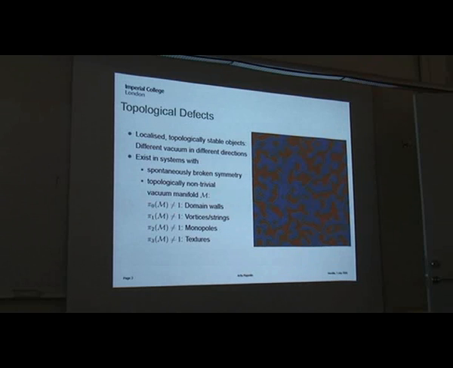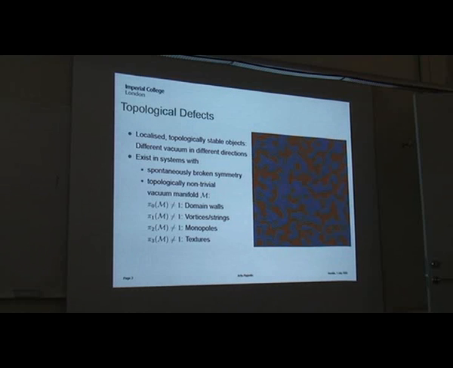If the first homotopy group is non-trivial, so the vacuum manifold is not simply connected, then you have strings or vortices. If the second homotopy group is non-trivial, you have monopoles, and if the third homotopy group is non-trivial, you have textures.